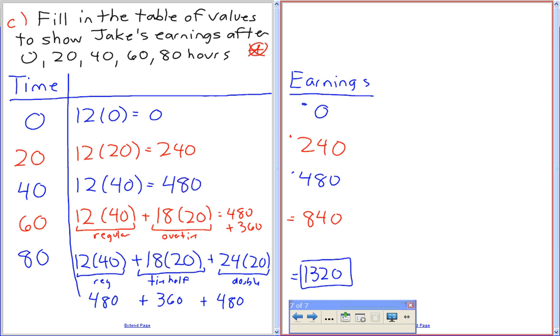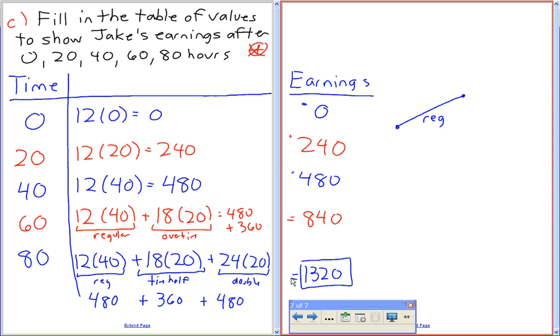The thing to know, you can tell this is a piecewise function because things are changing. At the beginning up to 40, something is, if I were to graph this one, we're not actually going to do this today for the sake of time. We might do this on Tuesday. This is what it's going to look like regular.